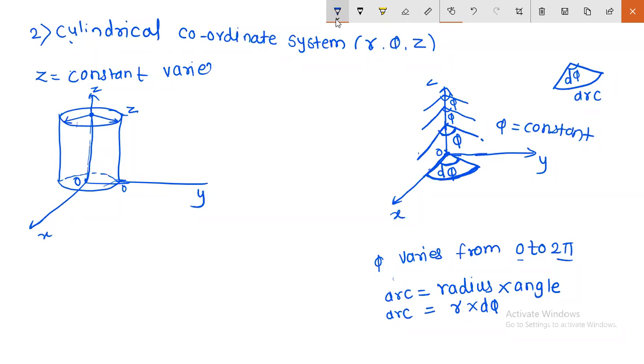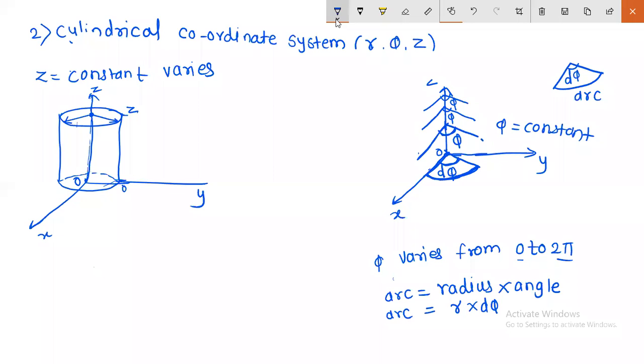varies. So from which point to which point will it vary? Yes, this z coordinate will vary from 0 to z, 0 to minus z, or minus infinity to plus infinity, or 0 to infinity. Is it right? What I told you, you can put this cylinder on the negative z axis also.